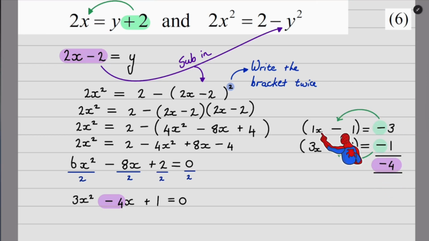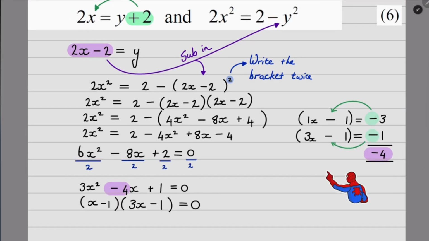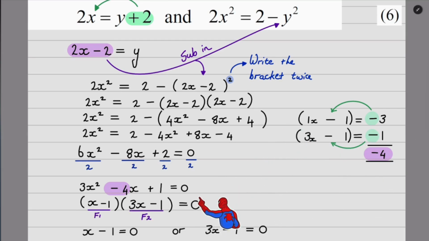Okay, so the first bracket will just be x minus 1. I don't have to write this 1. And the second bracket will be 3x minus 1. Okay, after we get the brackets, you know the drill by now, bro. Factor 1 and factor 2. I make them both equal 0 separately. So I make factor 1 equal 0 or factor 2 equal 0. Okay, on this side, I'm going to grab this minus 1, take it over, and it becomes plus 1.